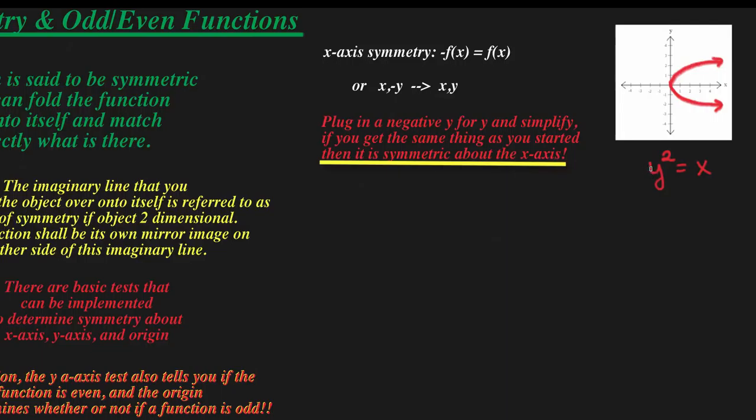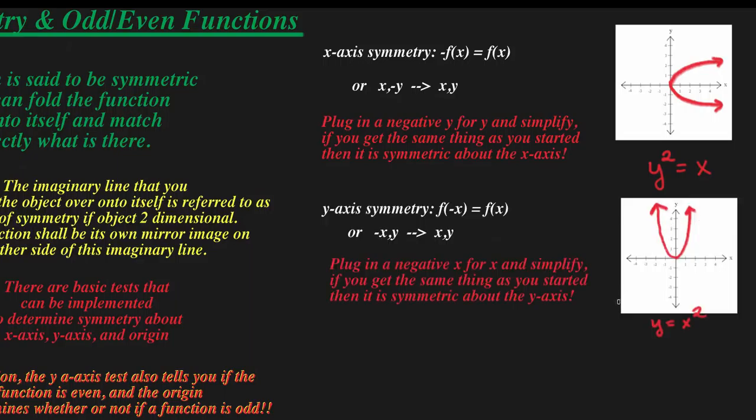The sideways parabola, when we plug in a negative y right there, you should see that the negative sign squares to become positive and then gives you the original function. So therefore, we can determine it's symmetric about the x-axis. All right? So again, negative y in place of y. Simplify, and if you get the same thing, it's symmetric about the x.